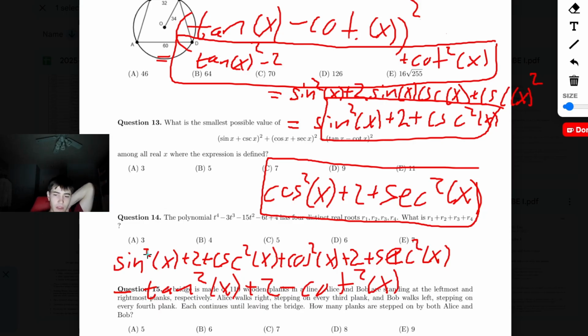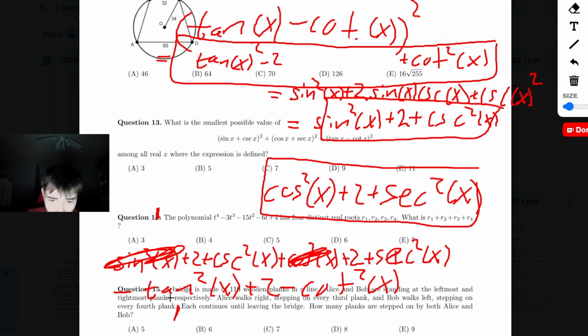So sine squared of x plus cosine squared of x is equal to 1. That's the Pythagorean identity. So we can cross these two out and just get 1, right? So we have 1 plus 2 plus cosecant squared plus 2 plus secant squared minus tangent squared plus 2 minus cotangent squared.